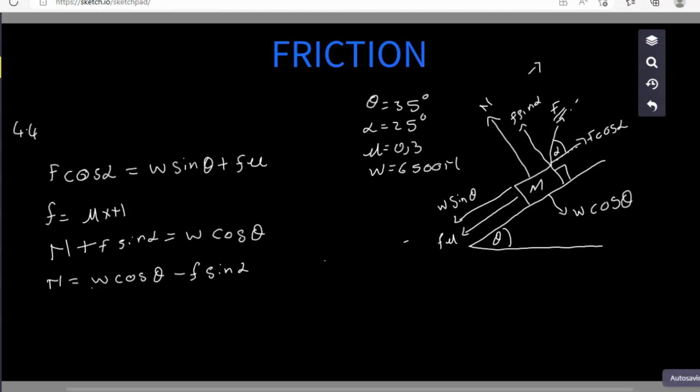And then from here, our frictional force is equal to mu in bracket, and in the space of normal reaction we put W cos theta minus F sine alpha.